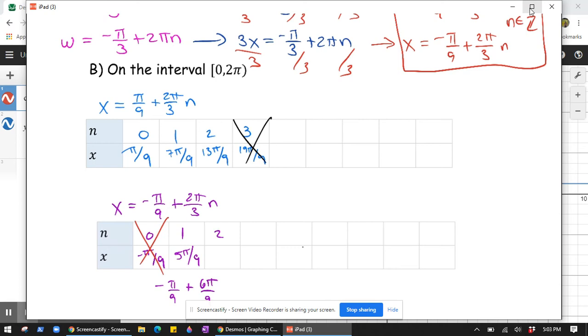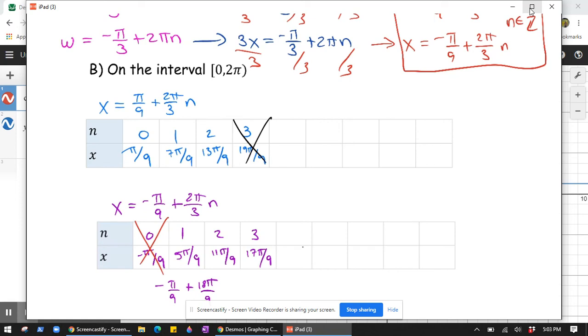Okay, we plug in a 2. 2 times 2 pi over 3 is basically going to multiply that: 6 times 2, you get a 12. Negative pi plus 12 pi is 11 pi, so 11 pi over 9. And when you plug in a 3, this becomes 18 pi over 9, minus 1, you get 17 pi over 9.